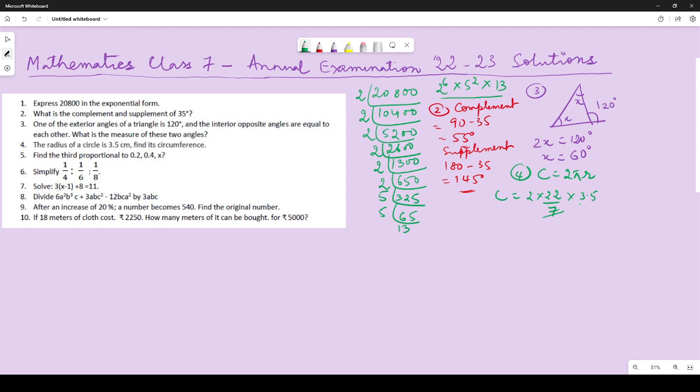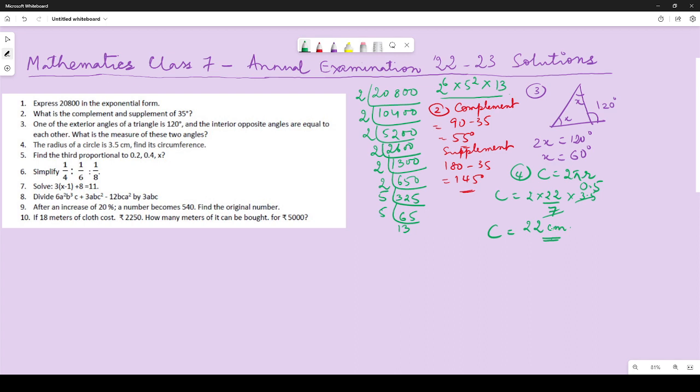Now remember, many of you committed errors over here. This will be 0.5. So 2 into 0.5 is 1 and 1 into 22 is 22 centimeters. So this will be your answer, 22 centimeters.